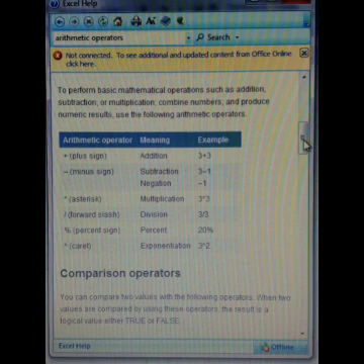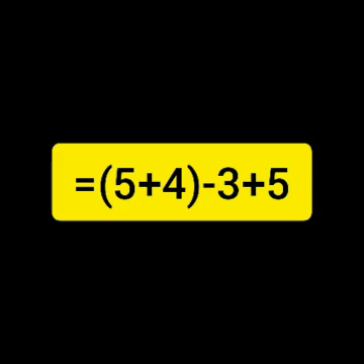The next operator is parenthesis or single brackets. You can see circular brackets are there. These brackets are used to enclose an operation. For example, if you want to perform an operation before other operations, that can be enclosed within brackets.